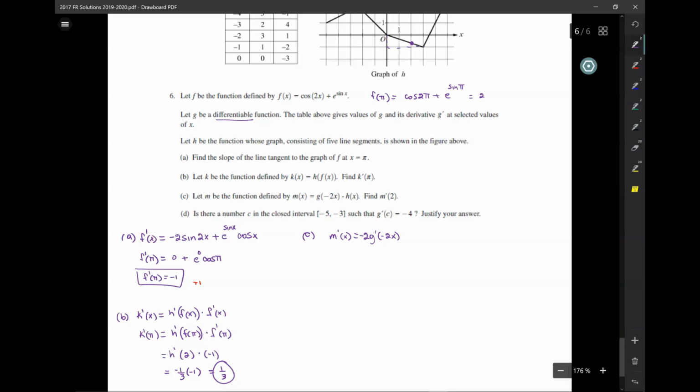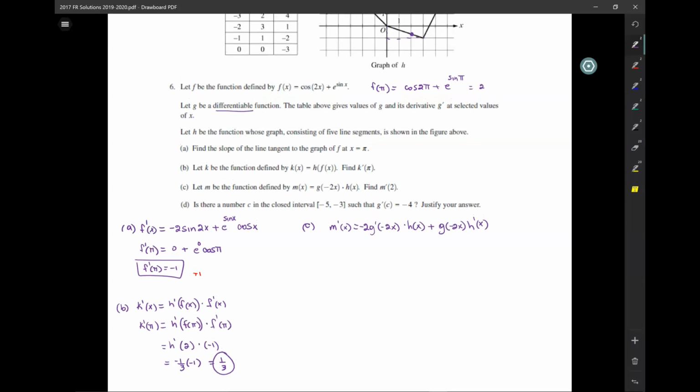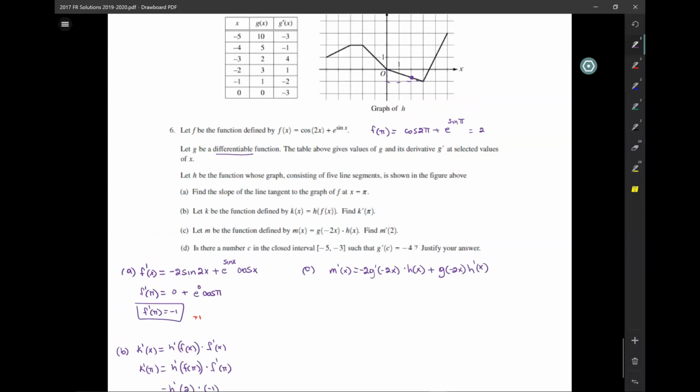So I'll do U prime V plus U V prime. And we want this at 2. So this is negative 2 G prime of negative 4 times H of 2 plus G of negative 4 H prime of 2.